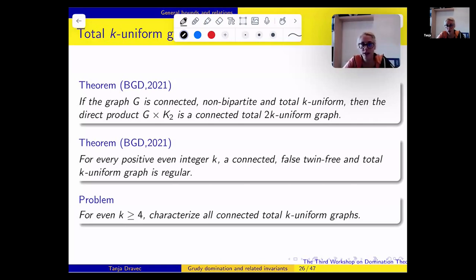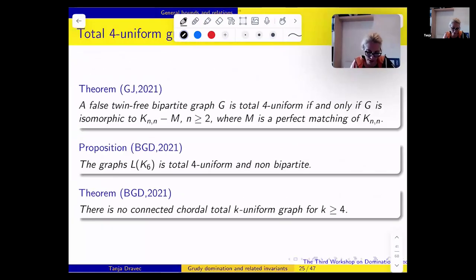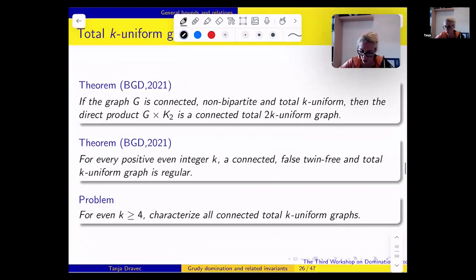What they proved is that if G is a connected, non-bipartite, total K-uniform graph, then the direct product of G with K2 is again a connected, total 2K-uniform graph. Because the line graph of K6 is total 4-uniform, by this result we also get the existence of a total 8-uniform graph. So we also have some total K-uniform graphs for K at least 8.